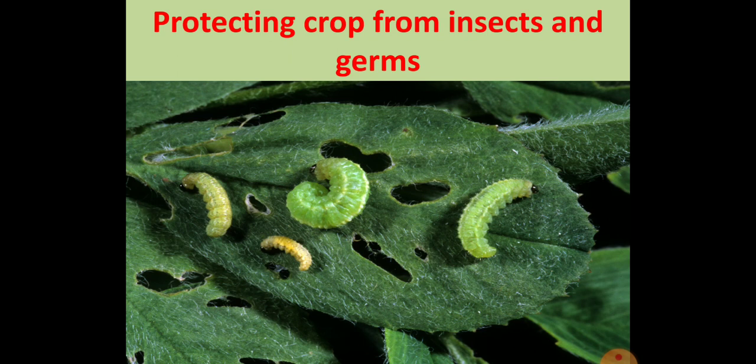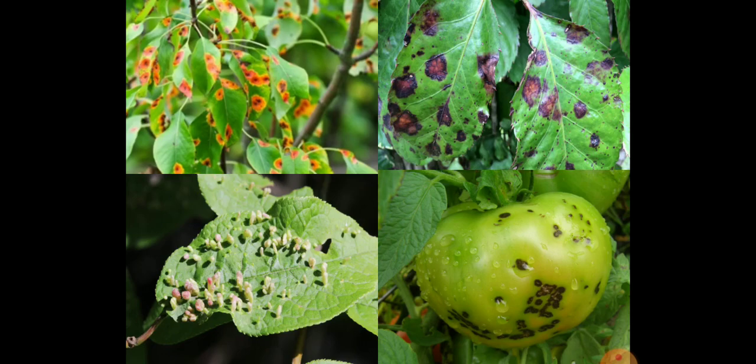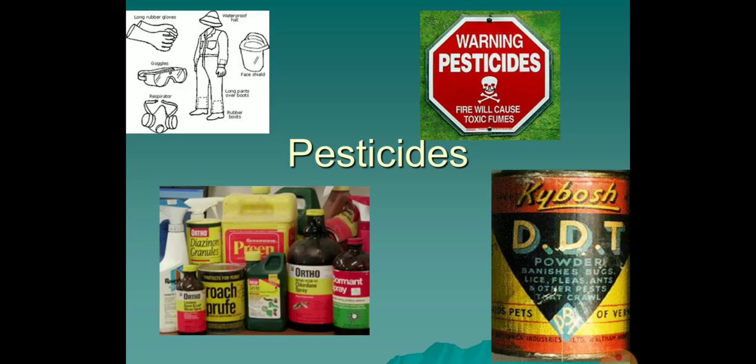Now, crop protection from insects and germs. Insects and germs are parasites on crops and may also cause diseases in the plants. Germs may be viruses, bacteria and fungi. To save the crop from insects, viruses, bacteria and fungi, poisonous chemicals called pesticides are sprayed.